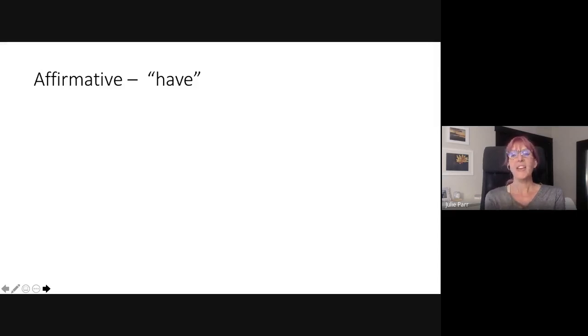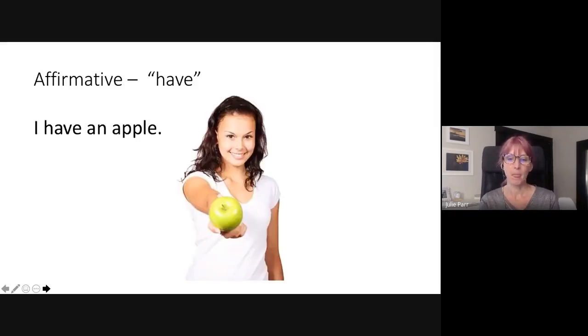When I say I have, you have, this is affirmative. Affirmative means yes. I have an apple. Yes, I do. I do have an apple. I have an apple. This is affirmative. It is true.